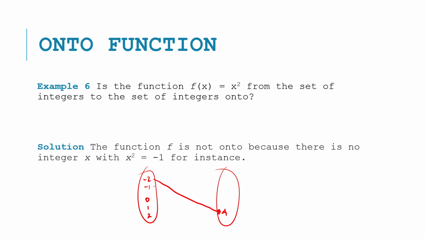Negative 1, if it's squared, will be equal to 1. 0 would be equal to 0. 1 would still be equal to 1. And 2 would still be equal to 4. We have here values of 2 and 3.